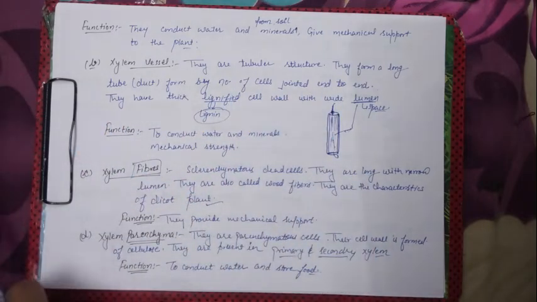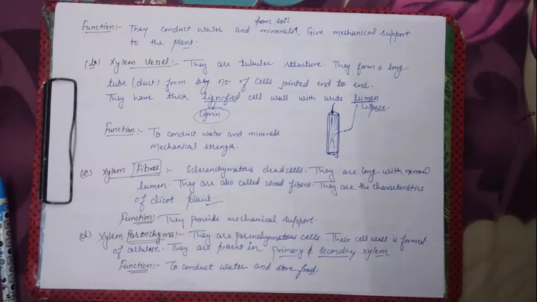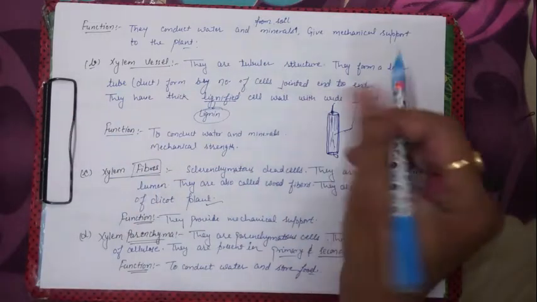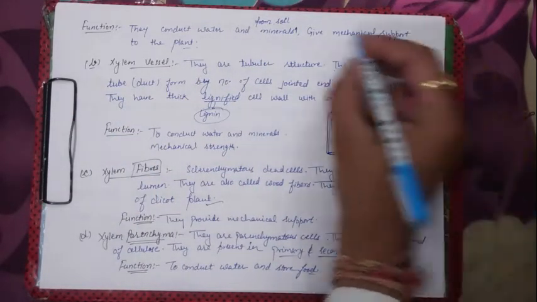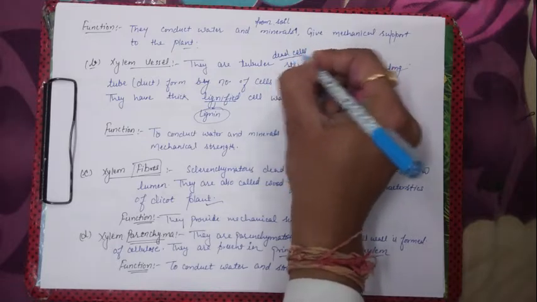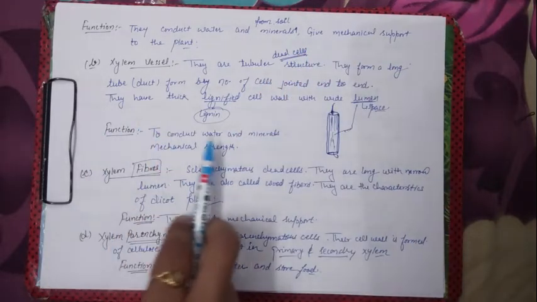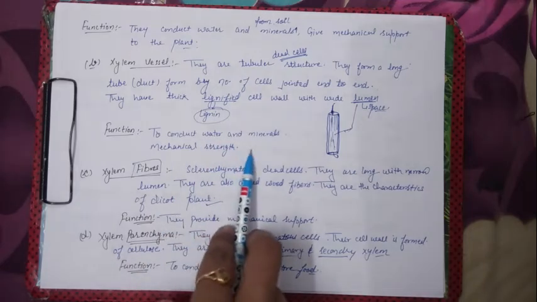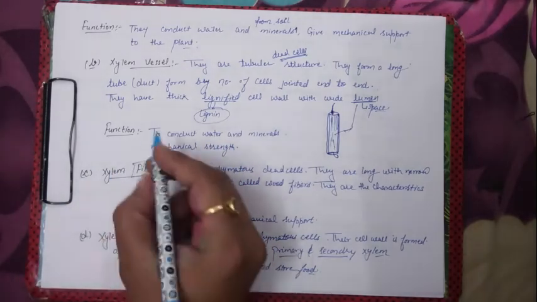They have thick lignified cell walls with wide lumen. Obviously, when they have a lignified cell wall, they are dead cells. They conduct water and minerals and provide mechanical strength.